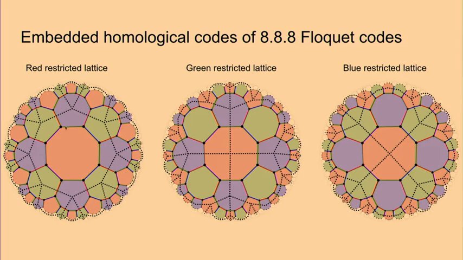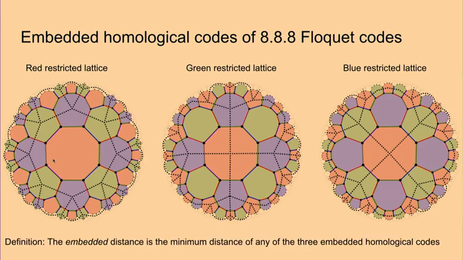If we then look at what the embedded homological codes look like, say for the 888 Floquet code, I've drawn on here the red, the green, and the blue restricted lattice, where each restricted lattice is 4 octagons around each vertex. And we define the embedded distance of a Floquet code to be the minimum distance of any of its 3 embedded homological codes.